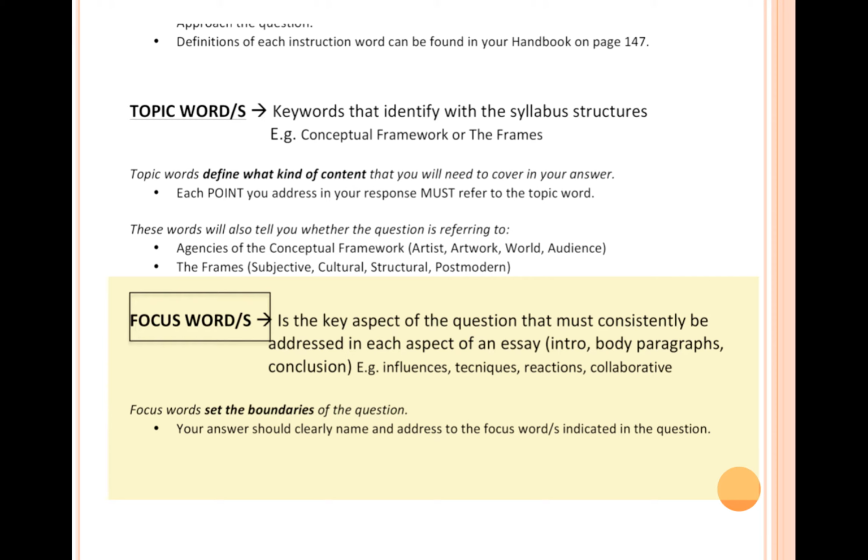So what the focus word alerts you to are the specific kinds of information the marker is specifically asking you for.